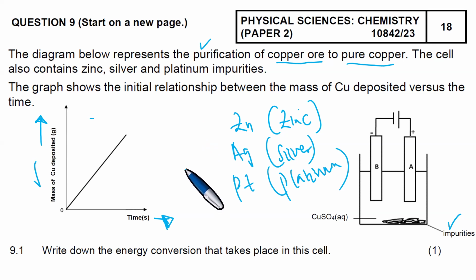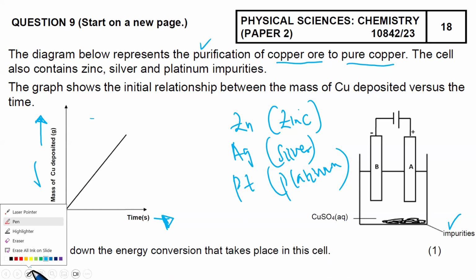I will need your maximum participation here, and I will ask some questions to make sure that everything is okay. I will check and see what is happening here. Write down the energy conversion that takes place in this cell.